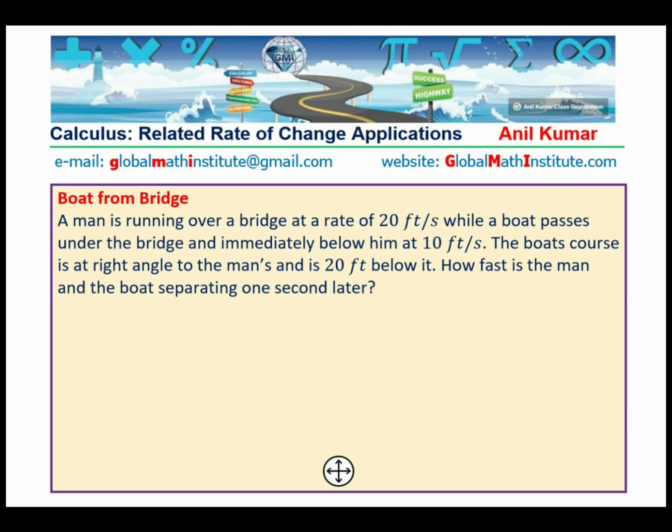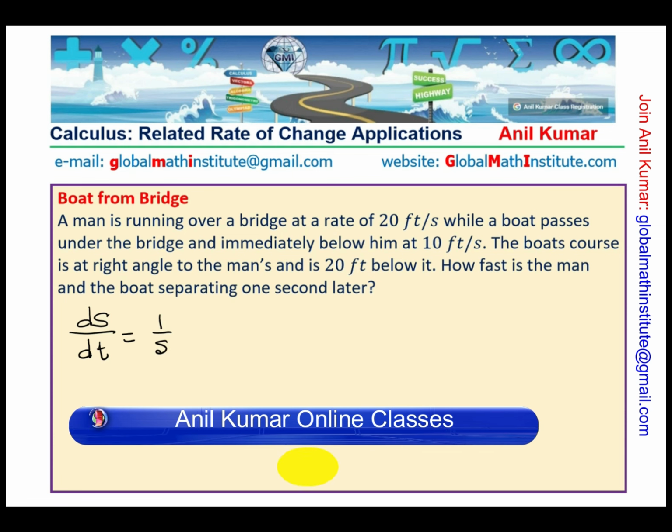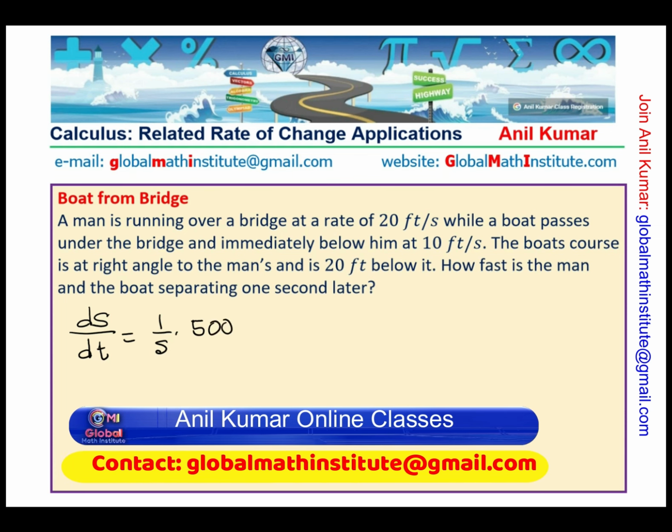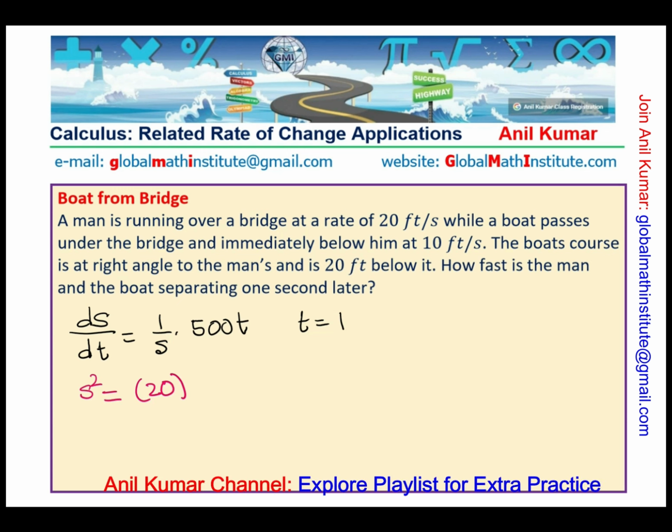So we have an equation that rate of change of separation is basically equal to 1 over s times 500t. Now for t equals 1, we know that s square equals 20 square plus, or we can use the other equation anyway, 10 square plus 20 square, right?